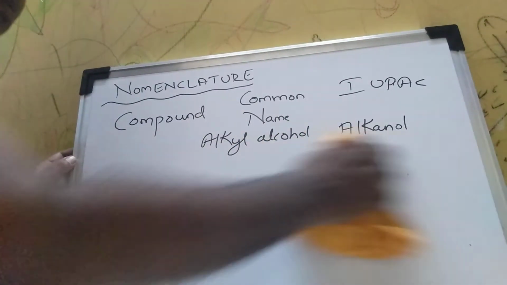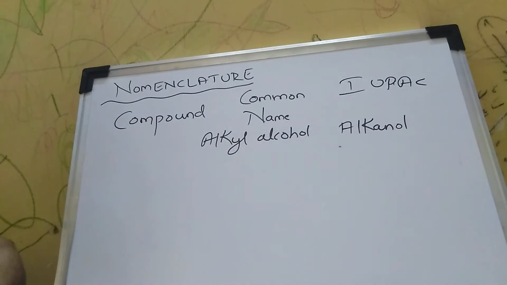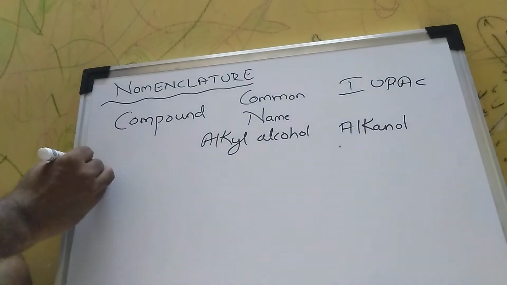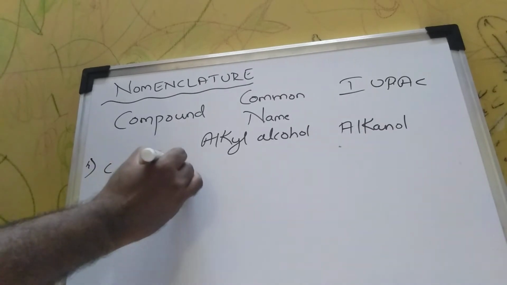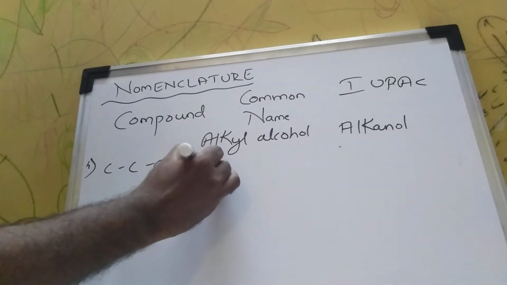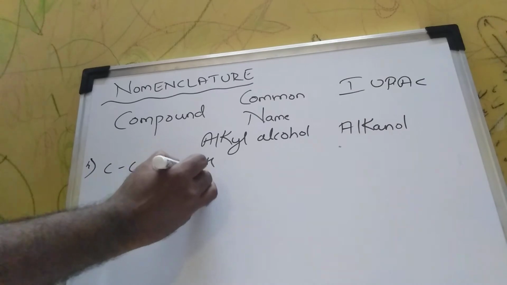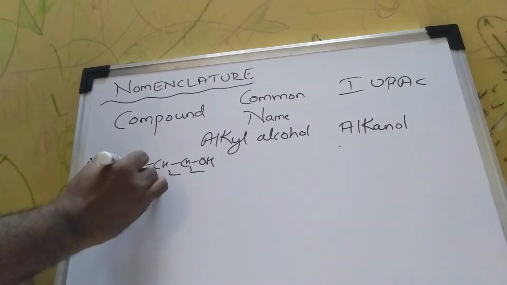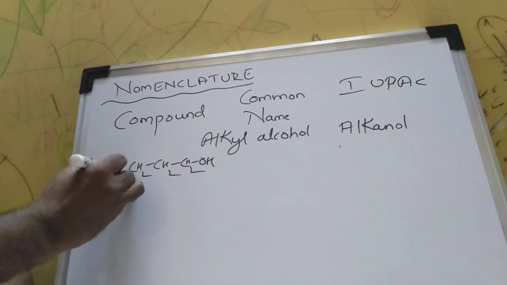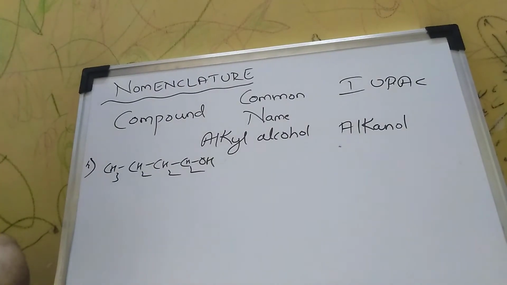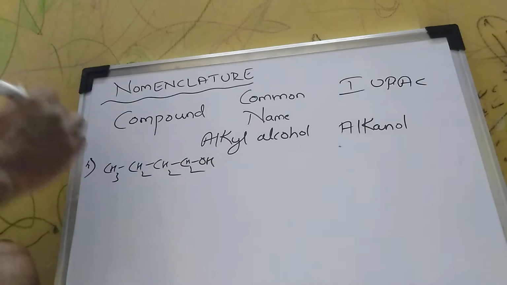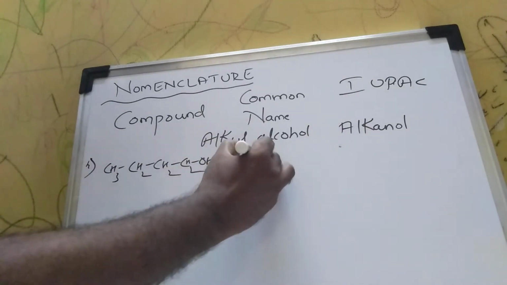Next, four carbon atoms. Example, 1, 2, 3, 4. OH, CH2, CH2, CH2, CH3. 4 carbon atoms. The alkyl group for 4 carbon atom is butyl. It's in a straight chain.